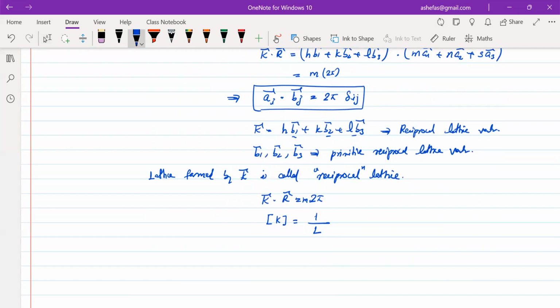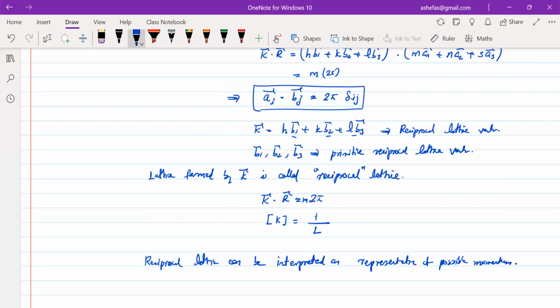So the reciprocal lattice can be interpreted as a representation of possible momentum. Basically it represents momentum space.